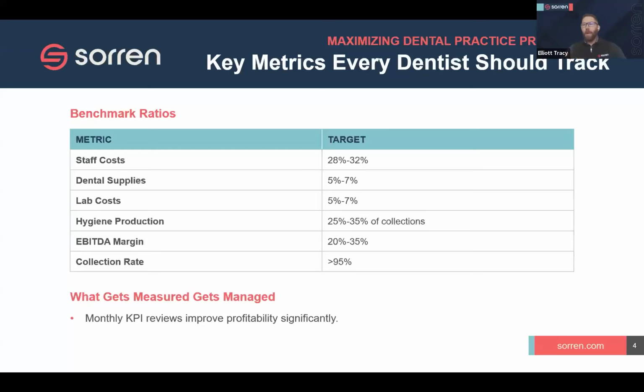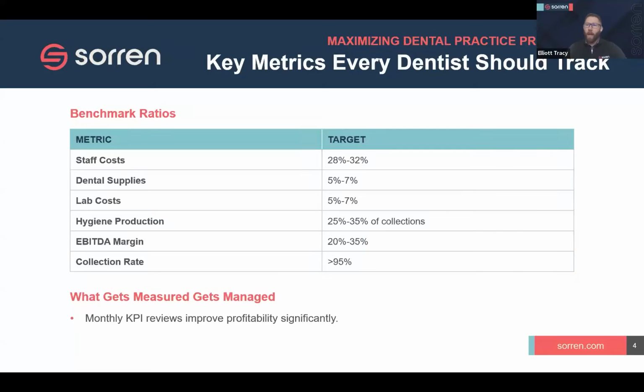Those are two of the main indicators we would look at. In today's environment, 32% is not abnormal and could happen pretty consistently with increasing staff costs. A lot of that has come out of COVID. We're 4 or 5 years removed, but we're still seeing the after effects of rising staff costs, and it's something we really need to keep an eye on.